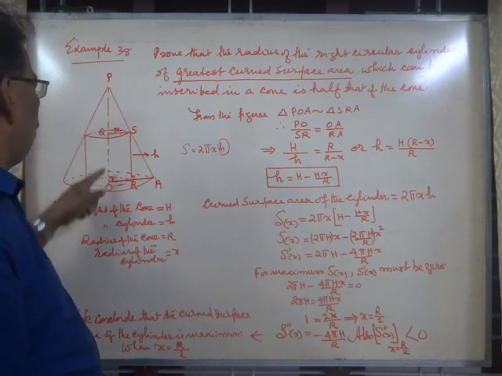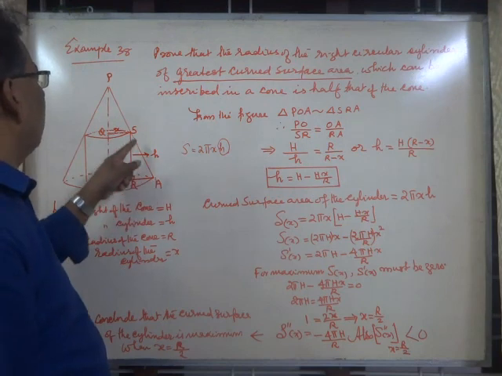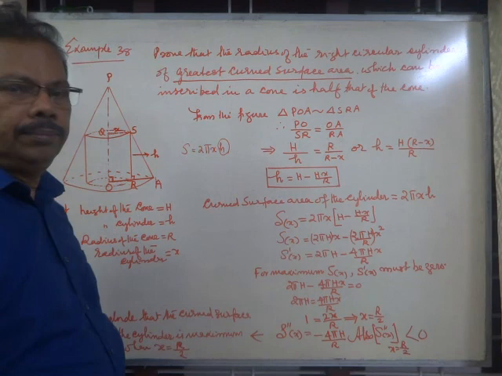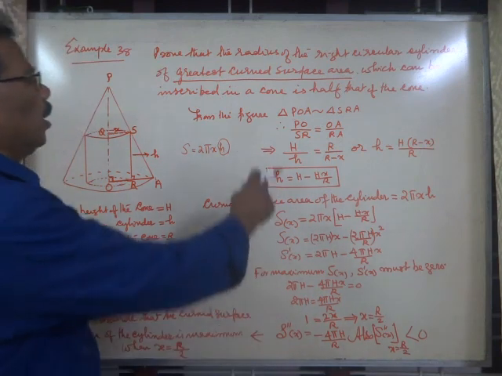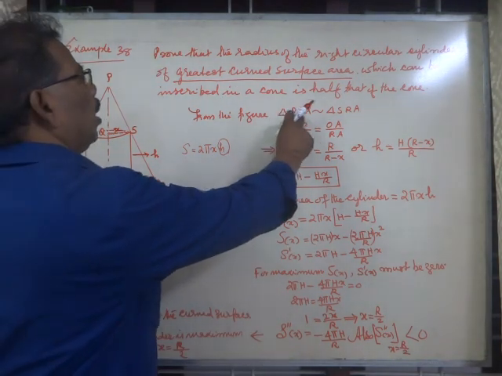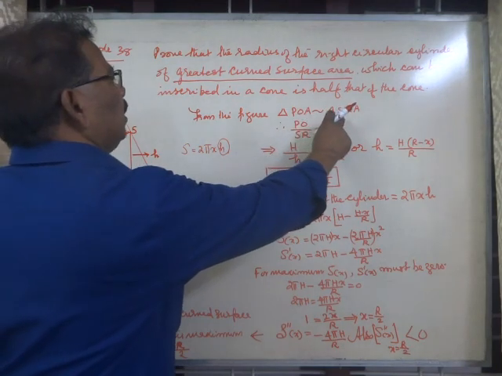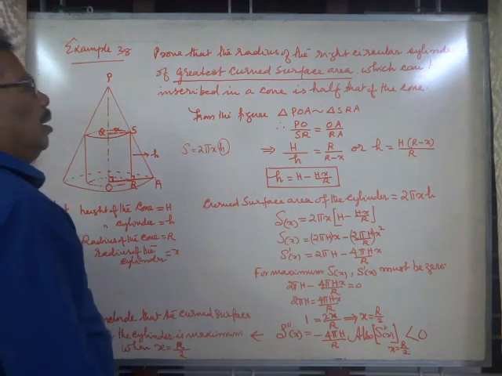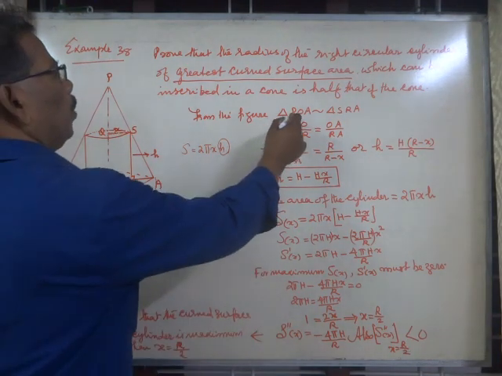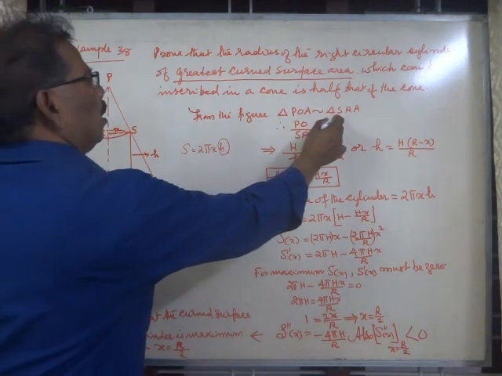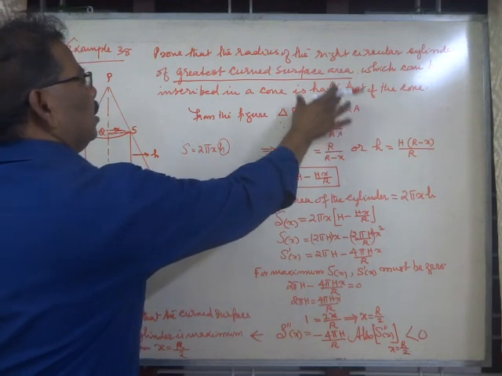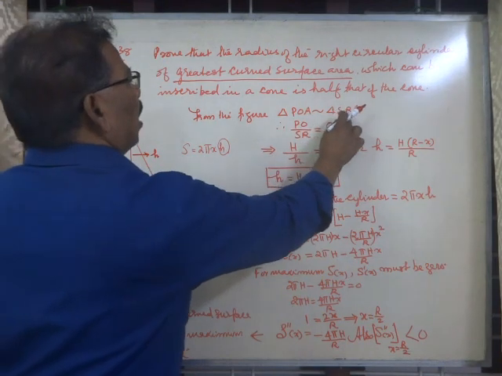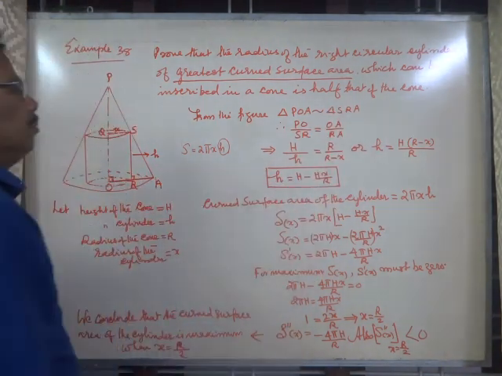Angle POA is equal to angle SRA. Now, triangle POA is similar to triangle SRA, both right triangles. Now, PO by SR, corresponding sides, will be equal to OA by RA, corresponding sides.